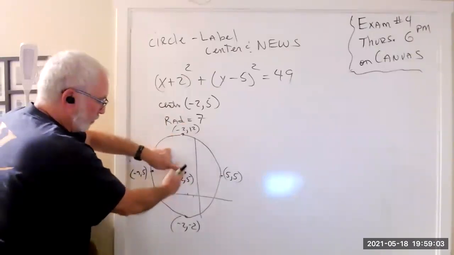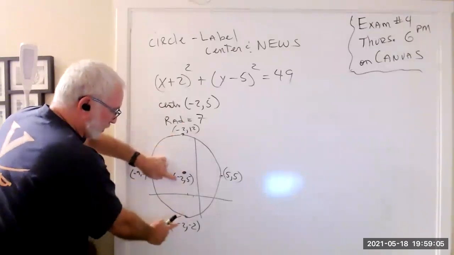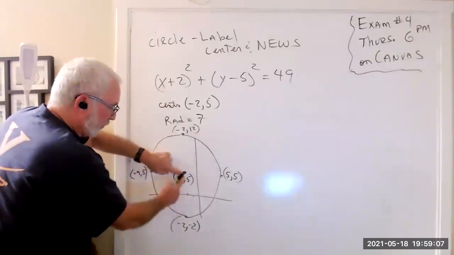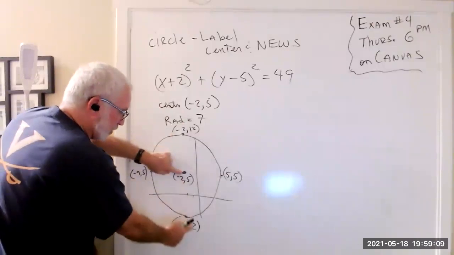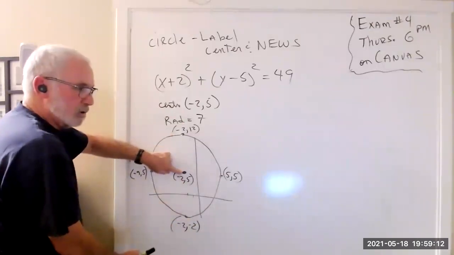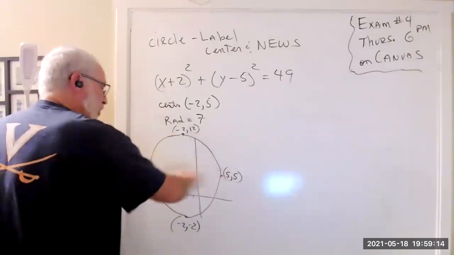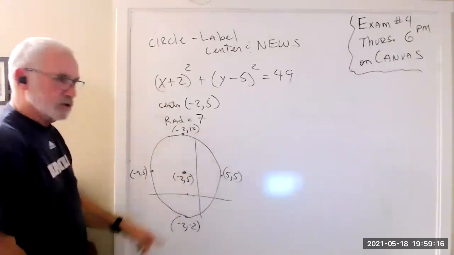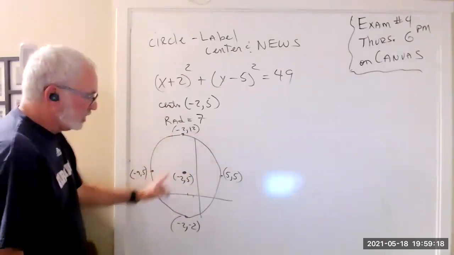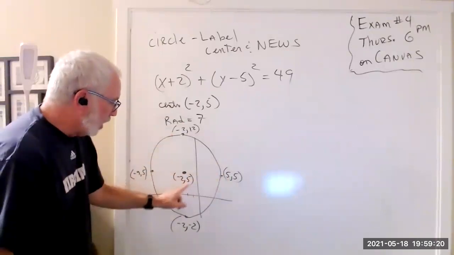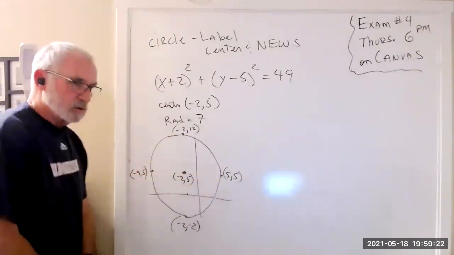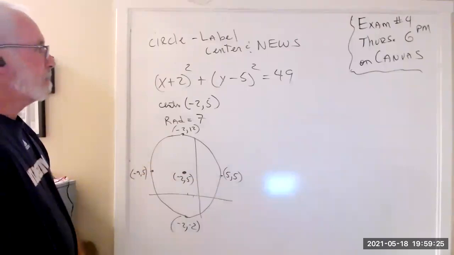And when you go straight down, the x doesn't change, but 5 take away 7 is -2. But when you go sideways, now the x changes. -2 plus 7 is 5, and the y does not change. Is that okay? Yeah. Thank you.